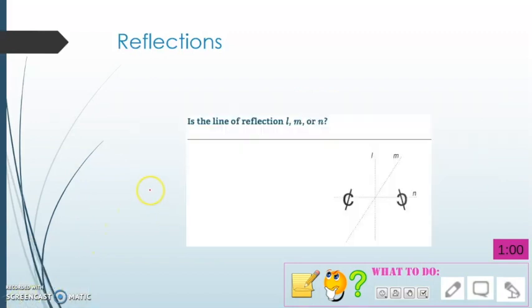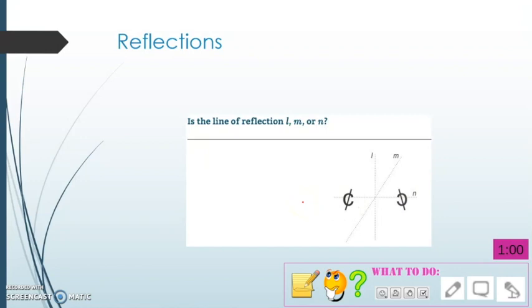Okay, so let's look at this example. Is the line of reflection L, M, or N? You can see we have L labeled here, that's this dotted line. M labeled here, that's this dotted line. And then N is labeled here. So we want to know what is the line of reflection for this shape. Kind of looks like a cent sign.